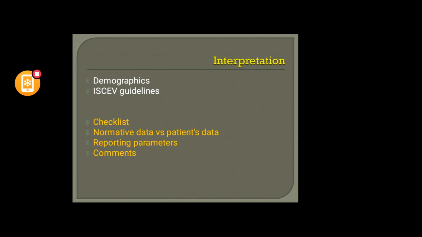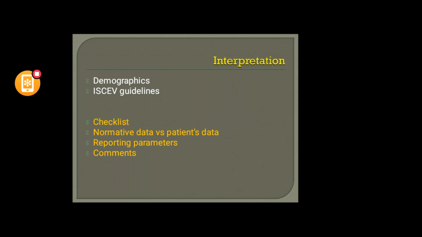Then you have the ISCEV guidelines on how to conduct a test. Once you are done, look at the checklist. What is the checklist? I'll show it definitely. Then you have to have the normative data. You have to recall the normative data on the page, and compare the patient data with the available normative data.